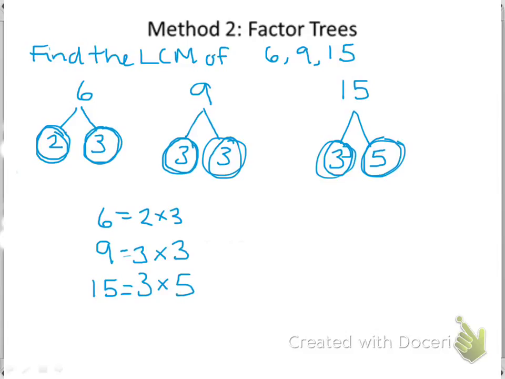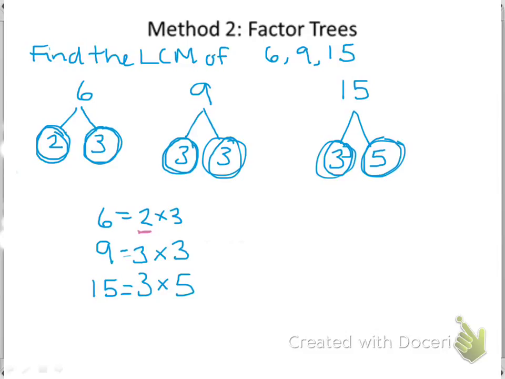Alright, our next step. Circle each different factor where it appears most. This is the one that's kind of funny. What that's saying is we have to look at each factor and see in what line it appears the most. Let's start with 2 because it's our first factor here.